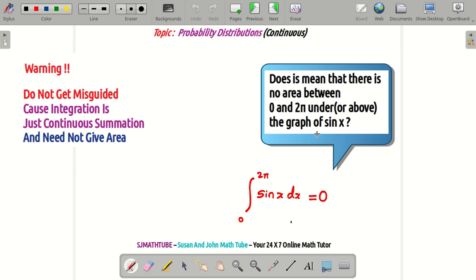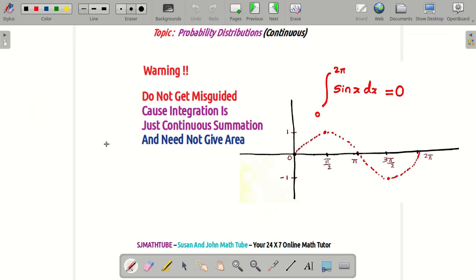No. So, once more, I want you to read this. Integration is just continuous summation and it need not give us the area. So, let's go for the graph. So, you can see the graph of sin x between 0 and 2 pi. And I think you understood why we are getting the answer 0. Look at the height of the graph at pi by 2. It is 1. And what is the value at 3 pi by 2? It is minus 1.